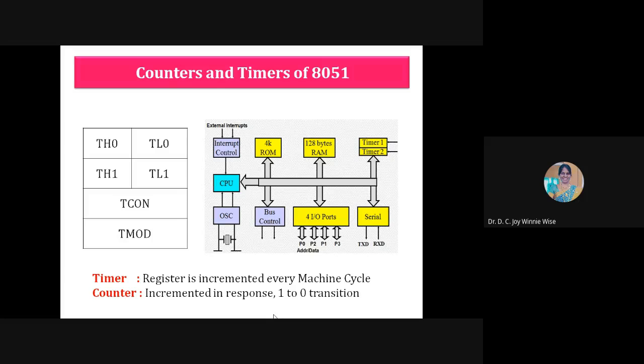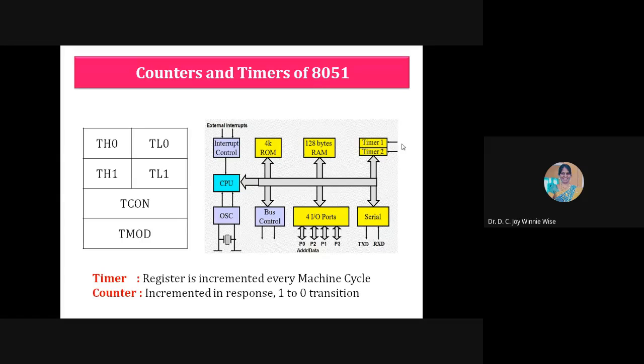Can anyone tell me what P2 is used for? P2 is used for data transfer, and it also represents the address bus. P1 is used for data transfer, and P3 is used for data transfer and also represents some signals. And this is the serial control unit, which is used to transmit and receive the data in serial.